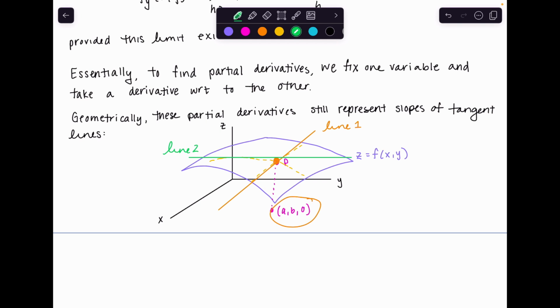So you can come up with the actual equations of these lines based on the stuff we did in an earlier chapter. Okay?